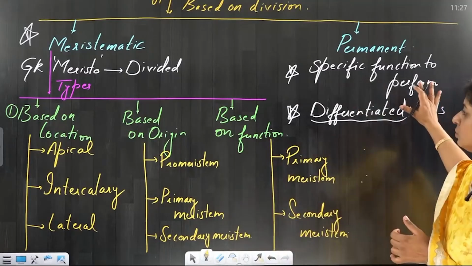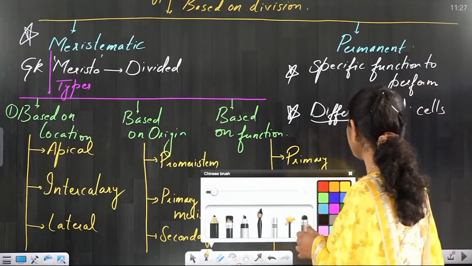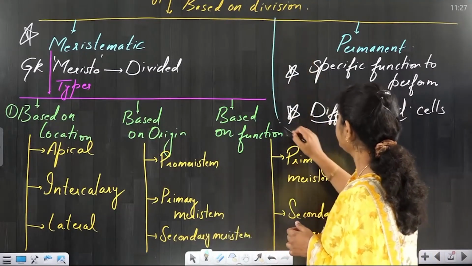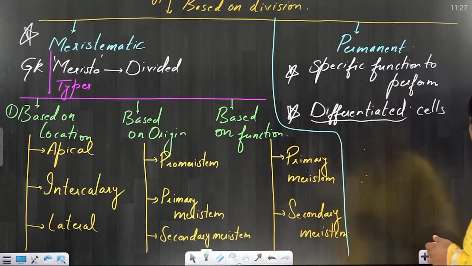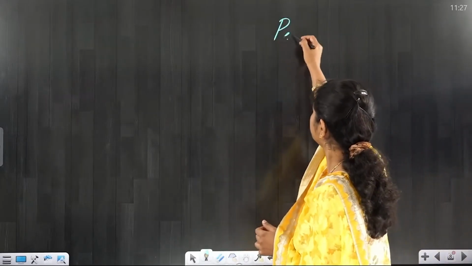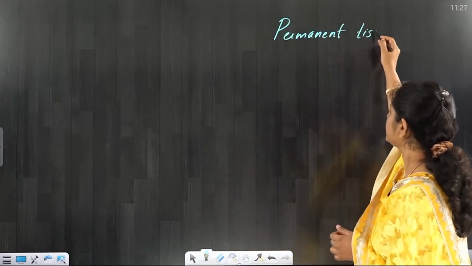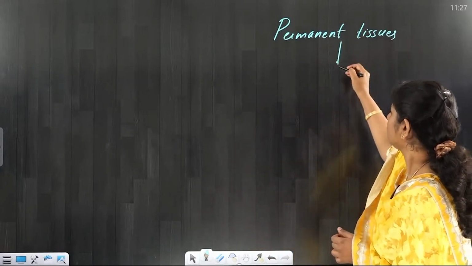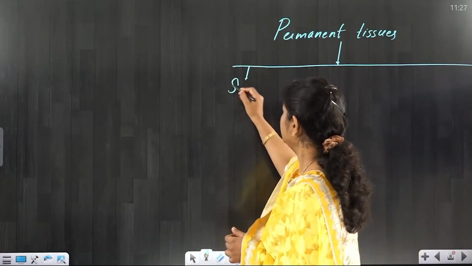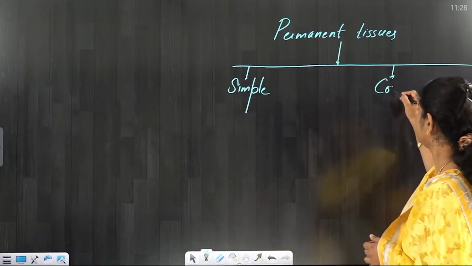In the permanent tissue we will discuss later, but right now I am only writing the types here. If I go with the permanent tissue, you have subtypes, which I am taking in the next slide. The permanent tissues you can subdivide into two categories, simple and complex.